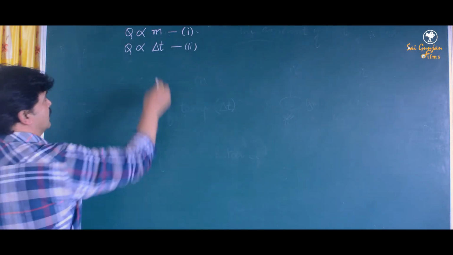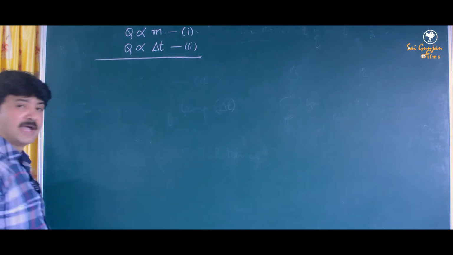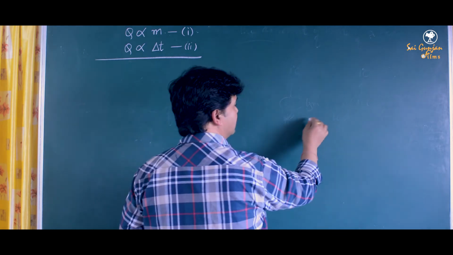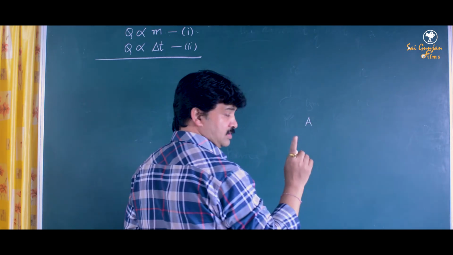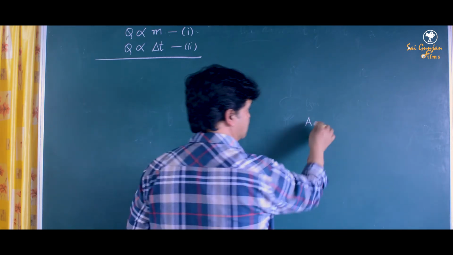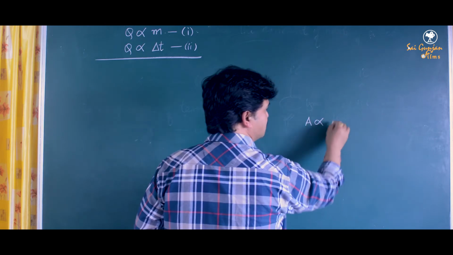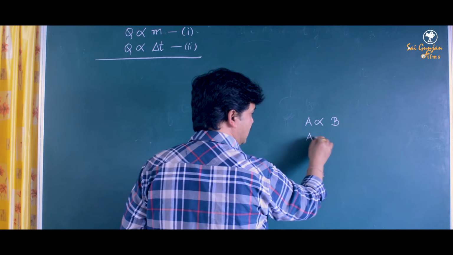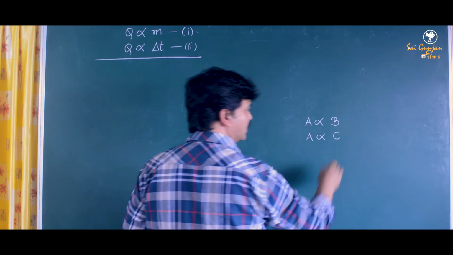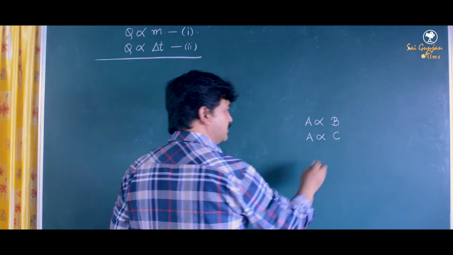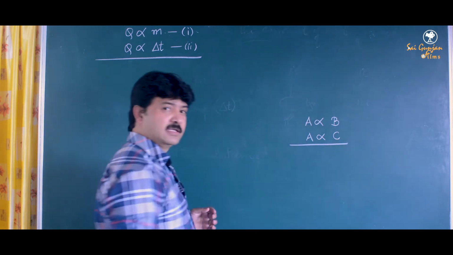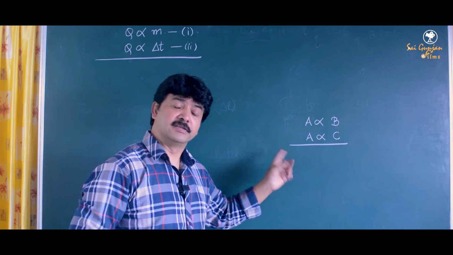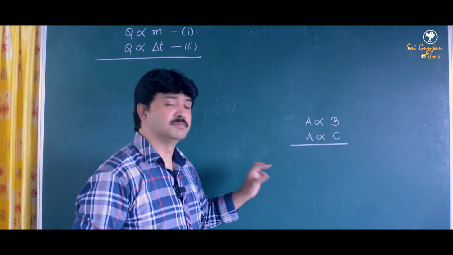Now we are going to combine these 2 relations, okay? And this is the concept for combining 2 variation relations. Now suppose A is proportional to a quantity B, and the same quantity A is proportional to another quantity C, then in order to combine, we do it like this. It is neither addition nor multiplication.